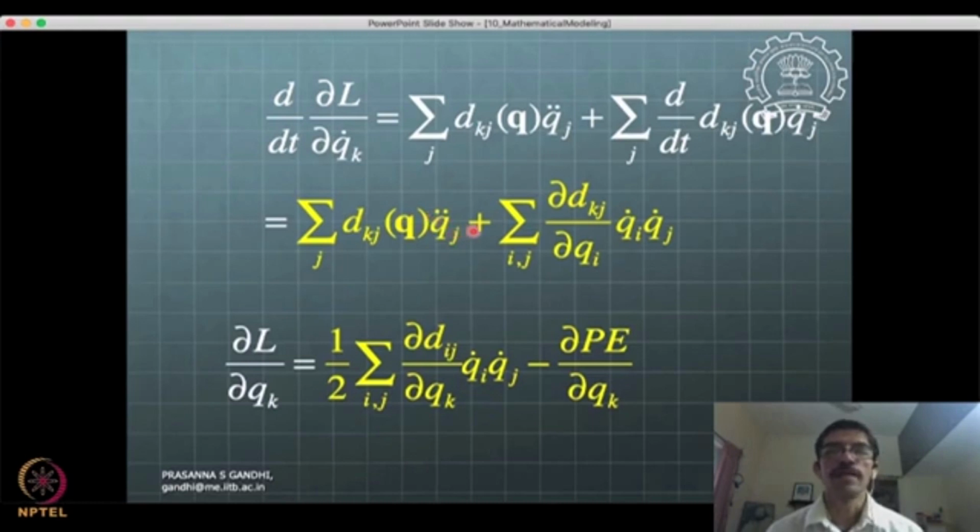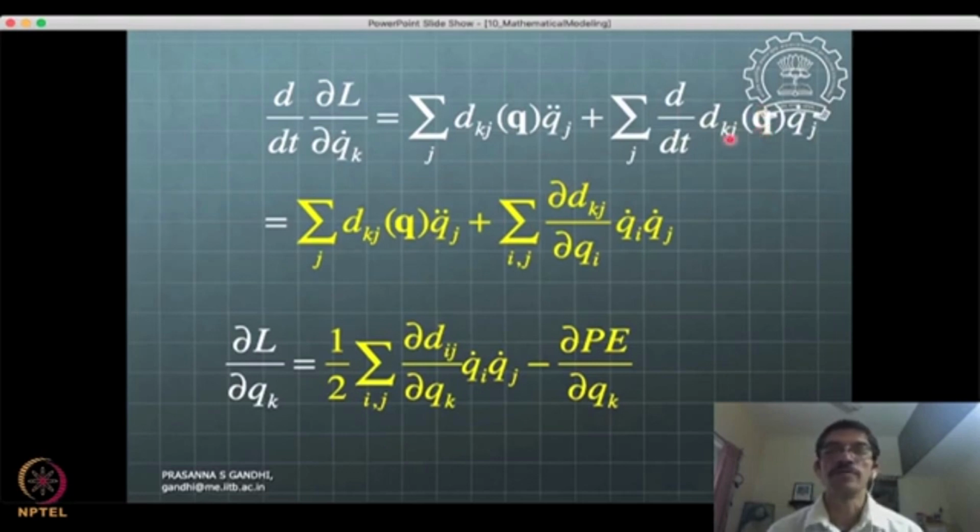Okay, and then this term can be expressed as another summation. So this d by dt of dkj, a function of the generalized coordinates vector q.